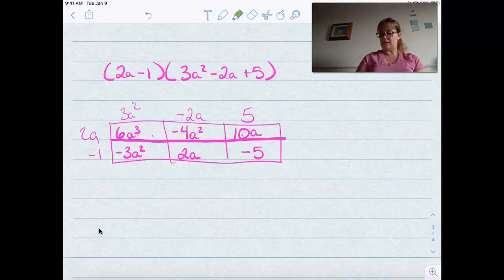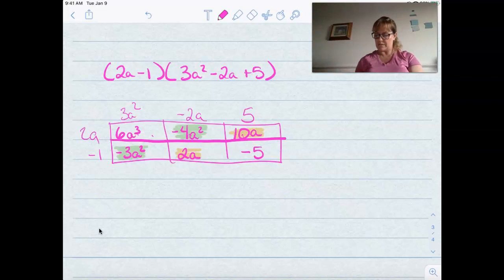Now, when we look here at this rectangle, we've got 2 sets of like terms to combine. We've got our a squareds right here, and then we also have our a's right here. So when you go to write your answer, you've got to think about combining them as well.